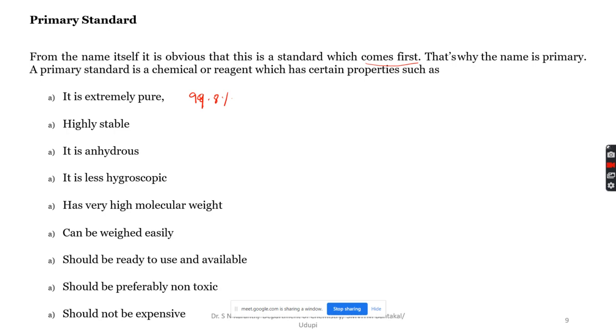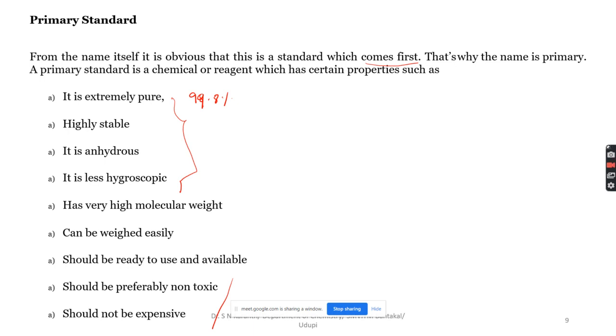It is less hygroscopic, that means it should not react with atmospheric moisture or water. It has a very high molecular weight, can be weighed easily, should be ready to use and available, should preferably be non-toxic, and should not be expensive. This is a general list, but around four of these things are mandatory to prepare a standard solution.